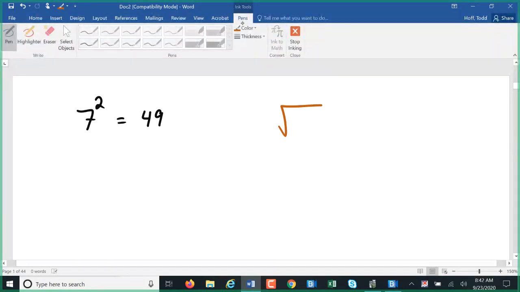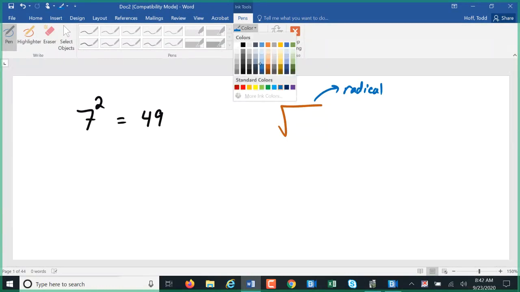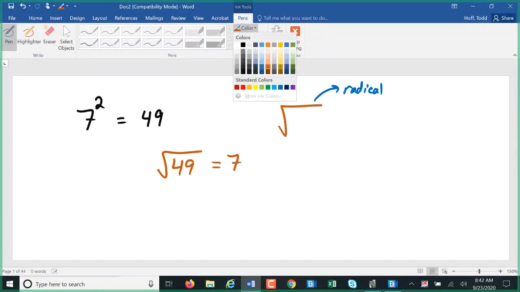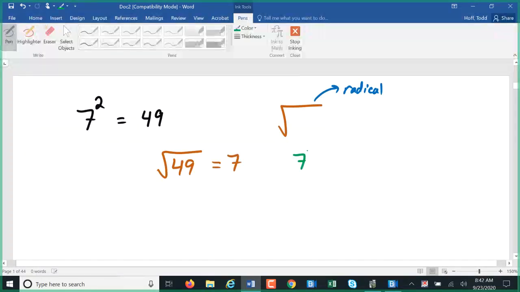Now that symbol is actually called a radical symbol. And most often when we see it, it is seen as a square root. The square root of 49 is 7. And the reason for that is because 7 squared equals 49. It's just reversing that calculation.